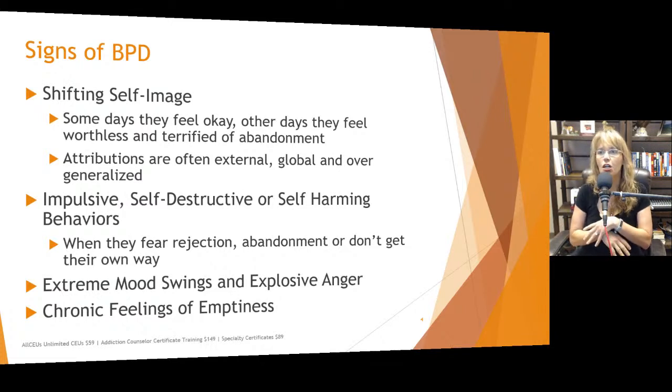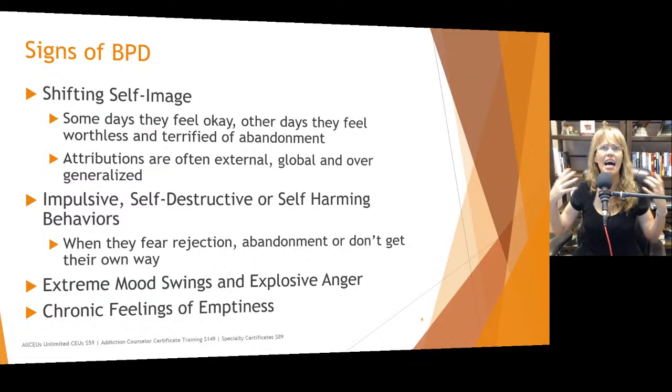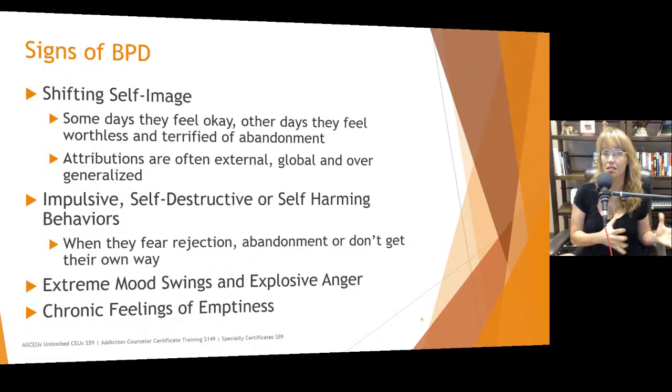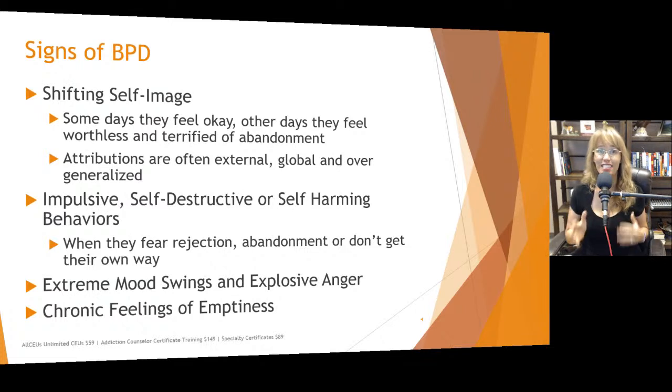They also often make these global attributions. If you disagree with one thing that they say, all of a sudden you hate them and you're going to leave them. And this catastrophizing and globalizing will often prompt a lot of anger and rage out of them, because their emotions switch just like their self-perception.